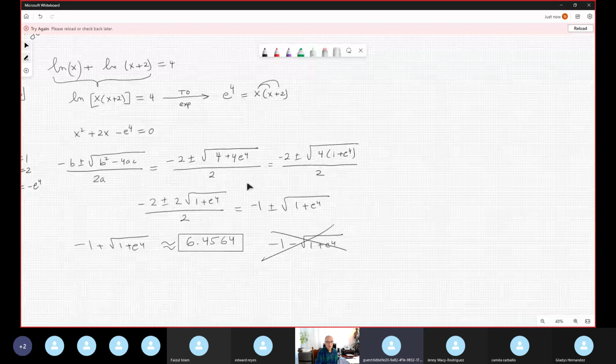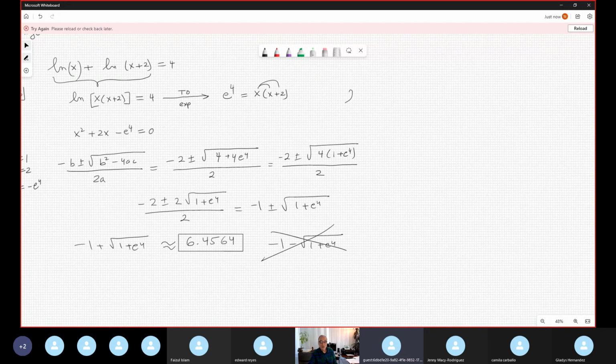Let me try. For example, I put in my calculator the natural logarithm of this number, 6.4564, plus ln again of 2 plus this number, 8.4564, should be 4. I claim that.